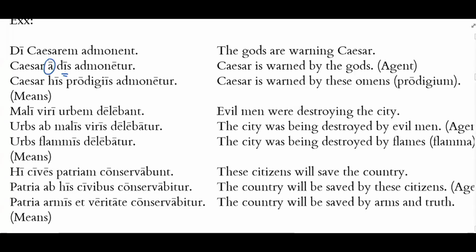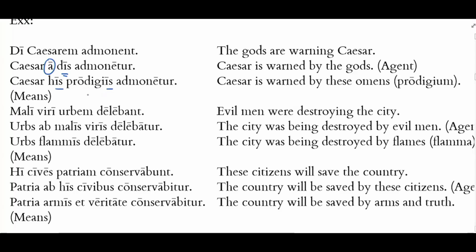And then I could say Caesar is warned by these omens. Now, omens are not people, so they don't have person and intention, right? Here I'm going to use the ablative of means. Caesar admonetur, is warned, and then his prodigiis. Here there's an ablative, is, right?